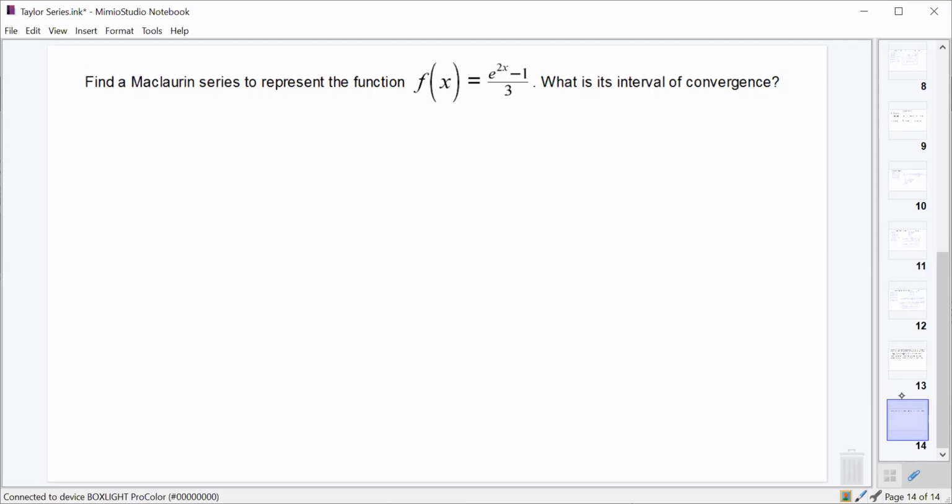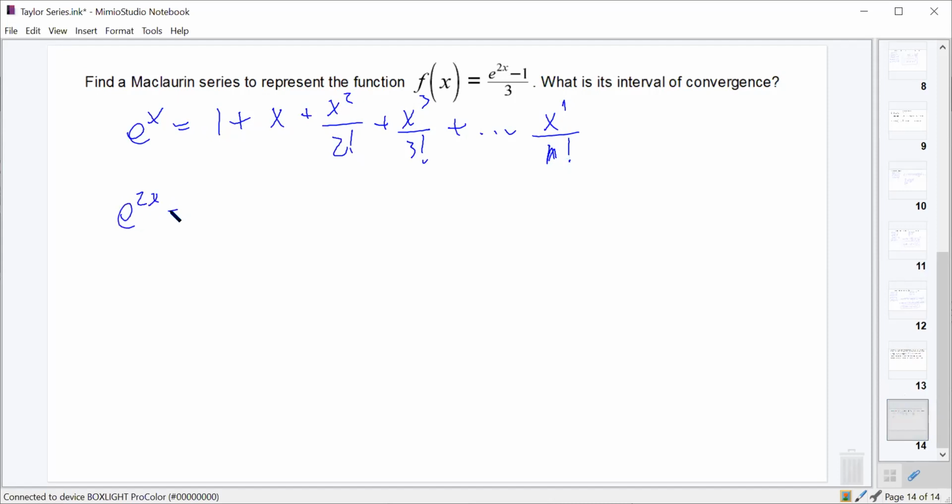So what's the series for just e to the x? Let's start with that. Right, so what is it? It was like 1 plus x squared over 2 factorial, x cubed over 3 factorial, and so on, x to the n over n factorial. Everybody good there? So to turn that into e to the 2x, that ought to look like, well, I just replace all of the x's with 2 x's.